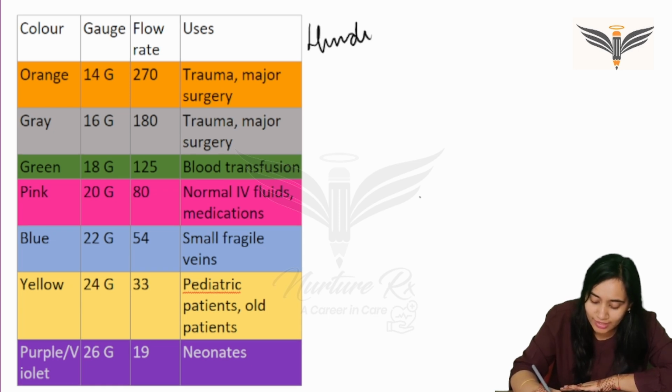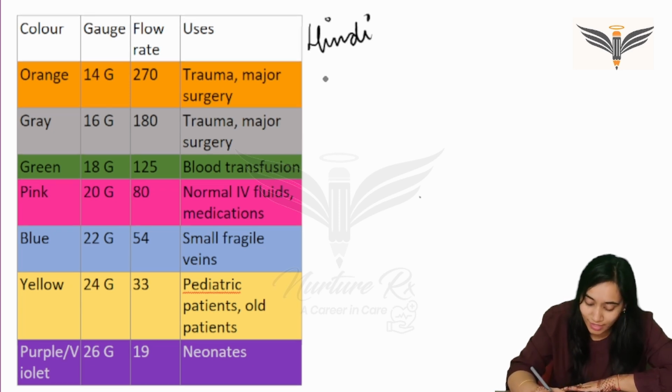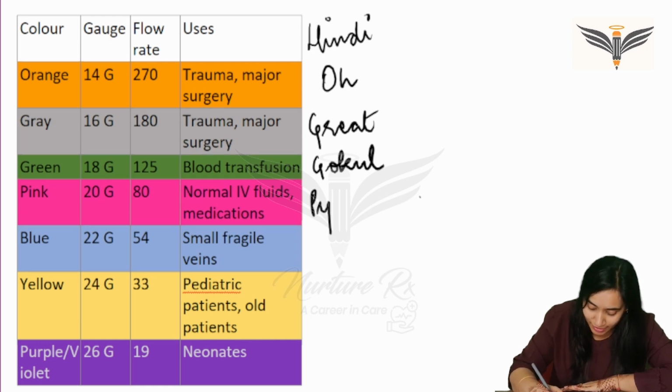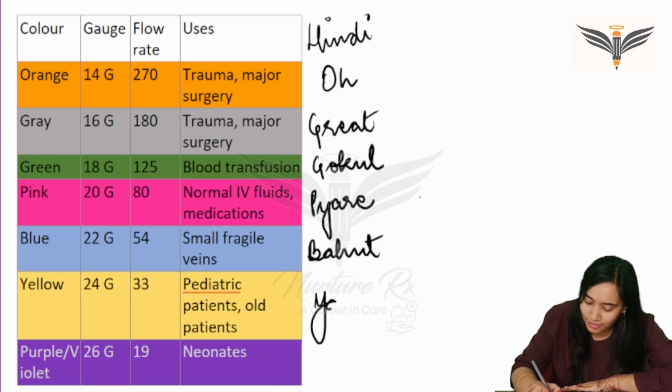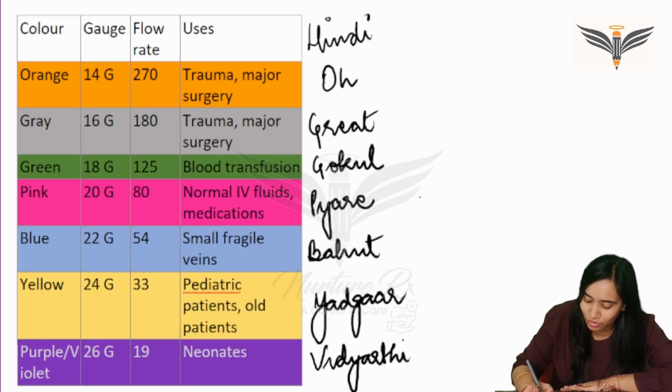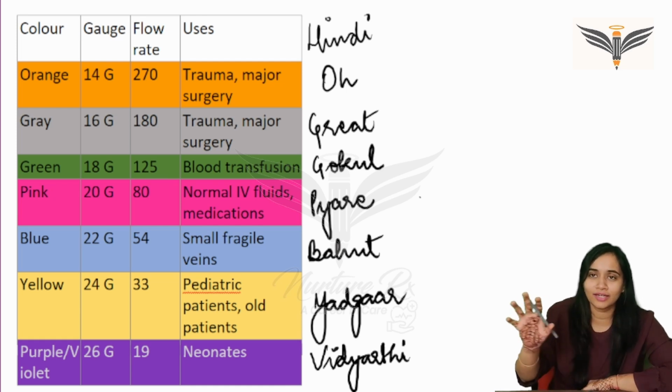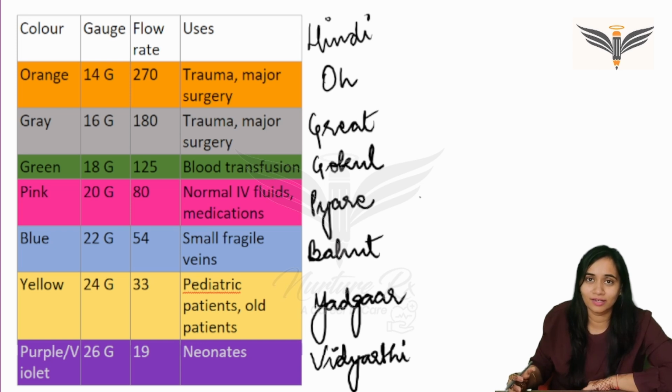Your Hindi one is: Oh great Gokul Pyare, बहुत यादगार विद्यार्थी. We all know Gokul Pyare, but just remember him as a classmate of yours and he's a very memorable student.